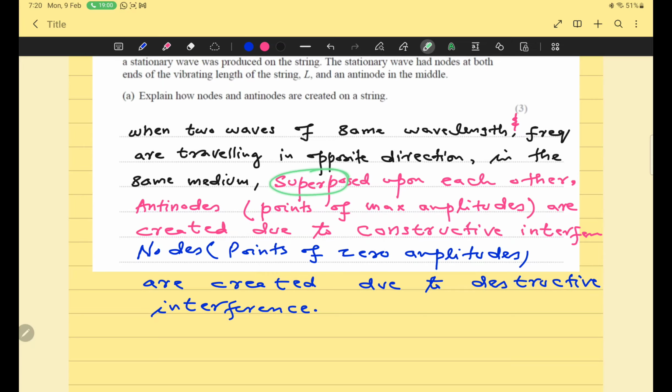When one wave passes over the other, it is called superposition. When the two waves superpose upon each other, then antinodes are created due to constructive interference, and nodes are created due to destructive interference. As I have explained, an antinode means a point of maximum amplitude, and nodes mean points of zero amplitude. Yes beta Manahil, can you explain how standing waves are produced?